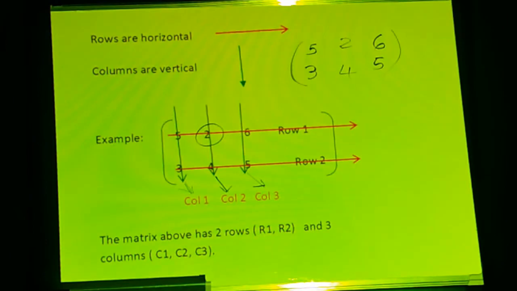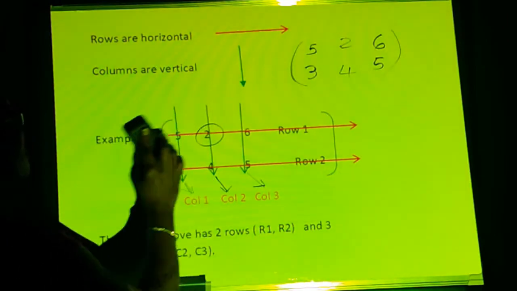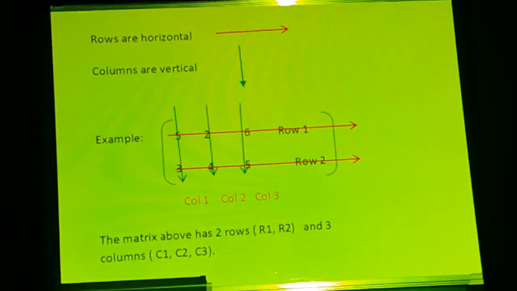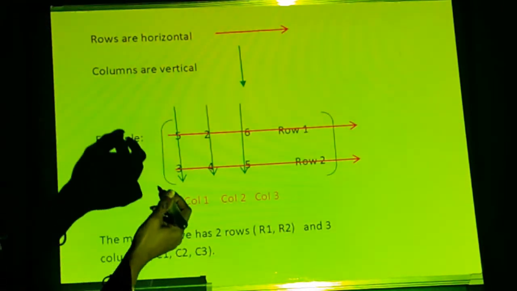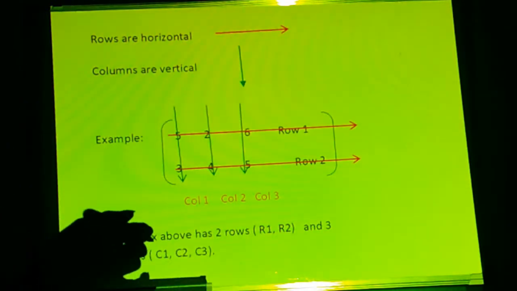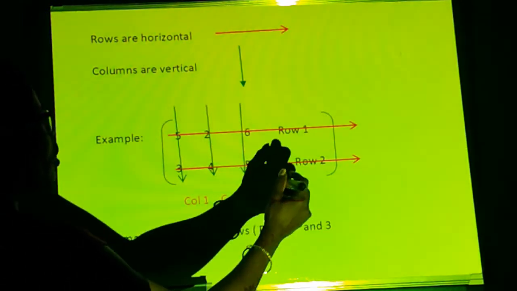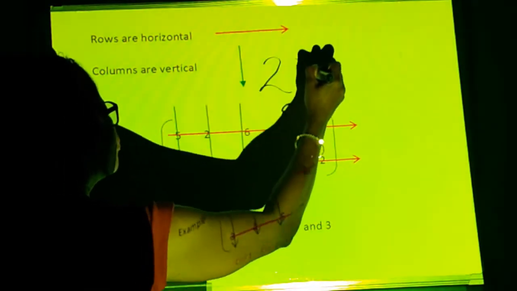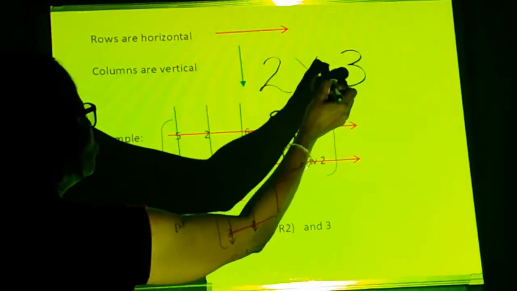And how do we state this? There is a way to write this matrix showing its size. We call it the order or the size. 2 rows and 3 columns. Notice what I did.